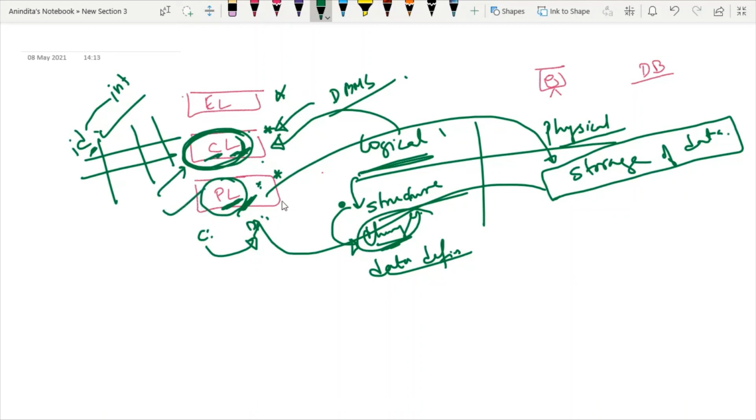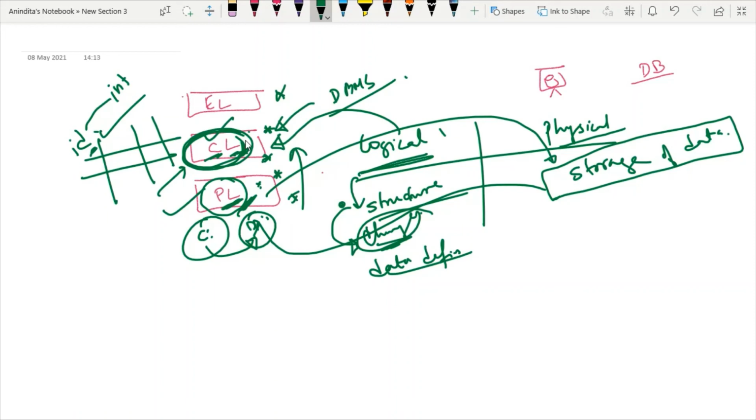So if I want to improve the system performance, I can change the storage pattern, the storage structure. I can move the directory also. So for improving the quality of the storage, I don't have to deal with the tables that are stored in the conceptual layer. So these are the very basic advantages that we could get from this three-tier architecture.